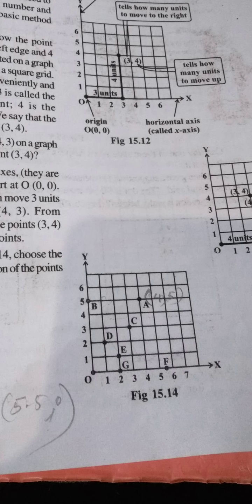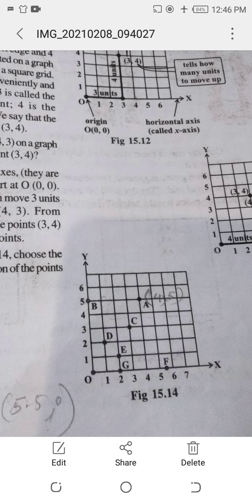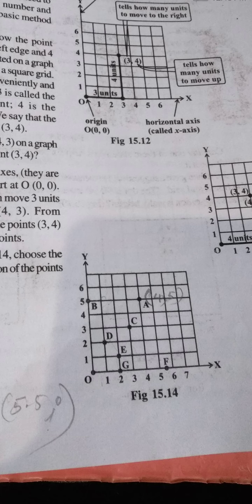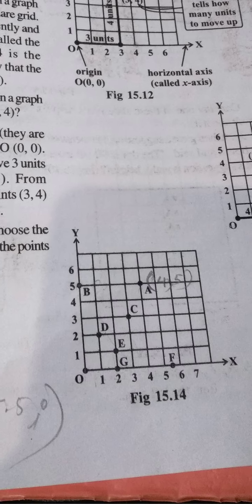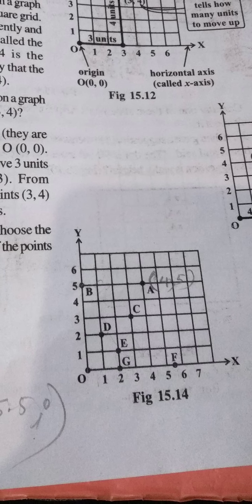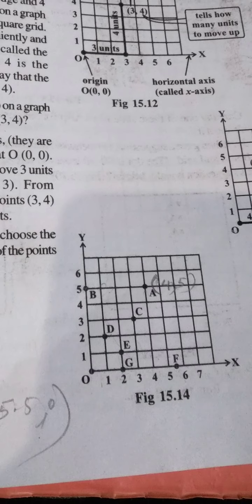So 5.5 is your x coordinate. Then the y coordinate: it is directly on the x-axis, there is no height showing, so it is 0 for y. So the values will be 5.5, 0. Got it? These are the values for point F.